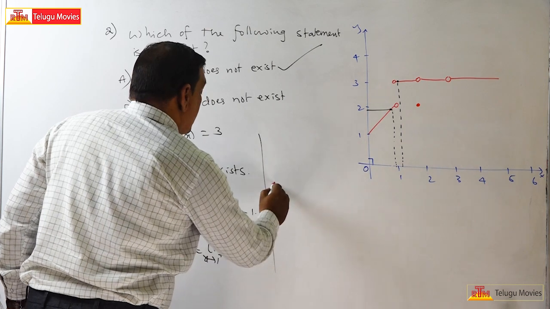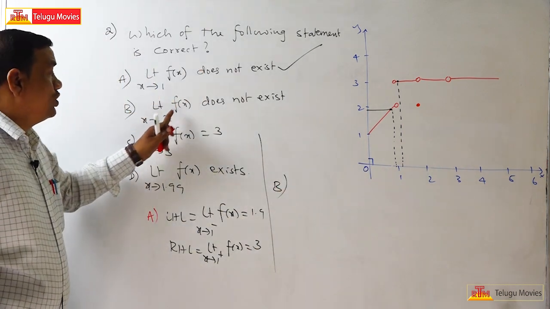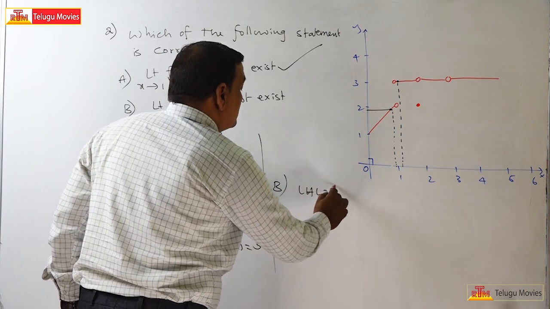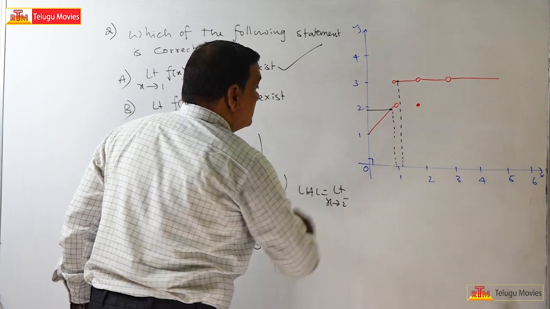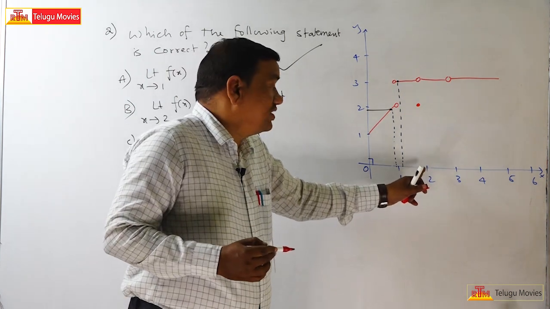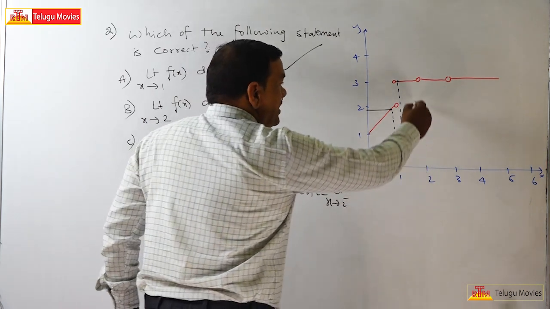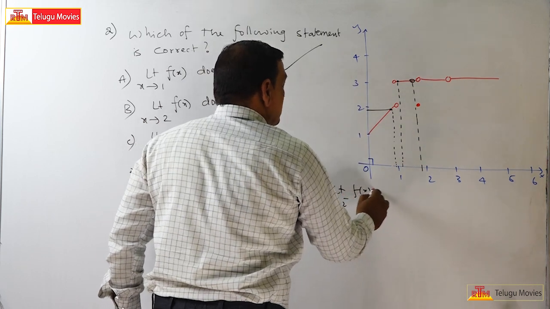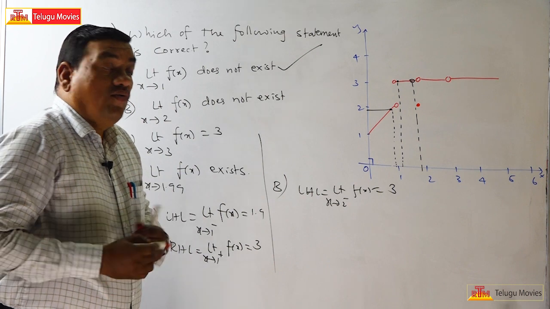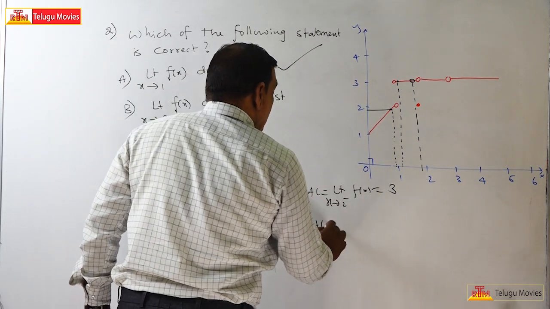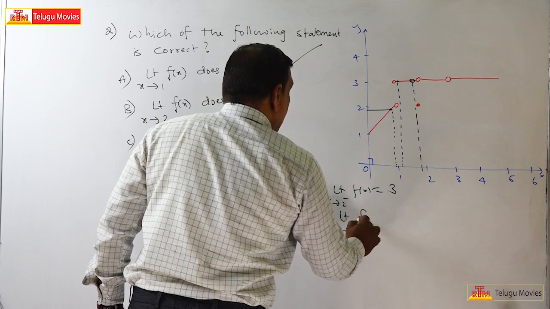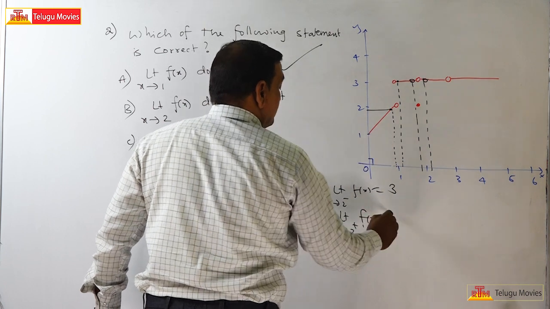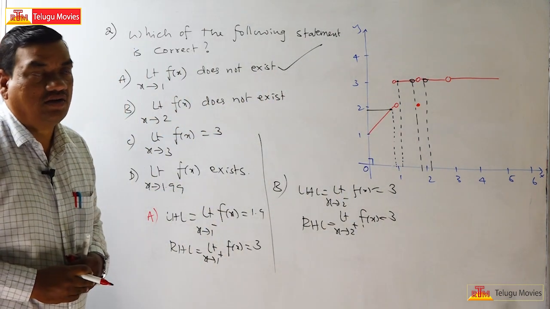Now the second option: limit x tends to 2 of f of x does not exist, he is saying. The left hand side limit is limit x tends to 2 minus. You are approaching 2 from the left, and the value is 3, so f of x is 3. The right hand side limit, limit x tends to 2 plus f of x, if you approach from the right side, is also 3.